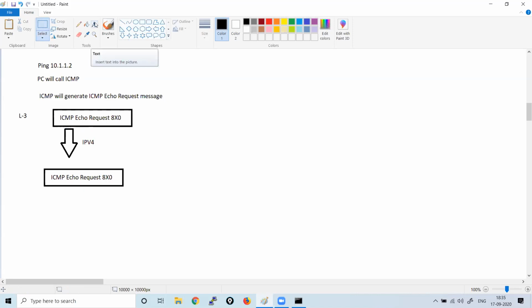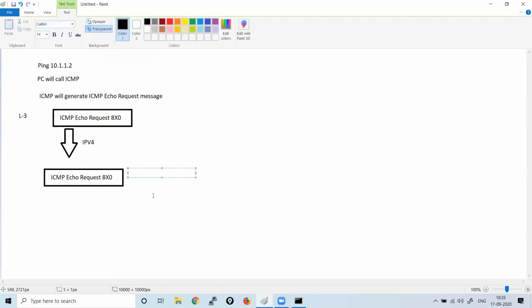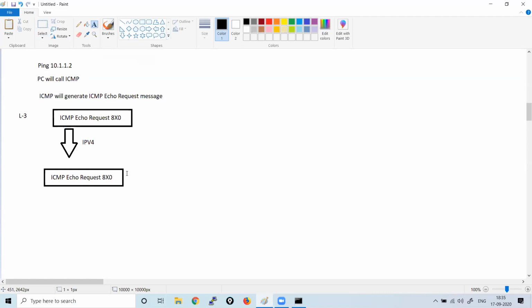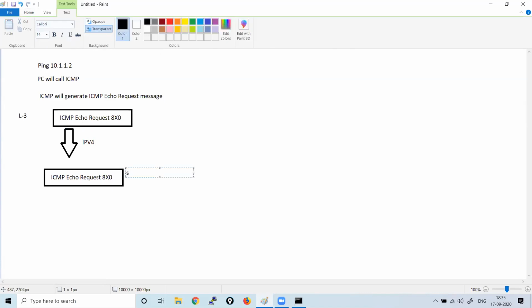Now, along with this one, what is the thing which is given to it? What is encapsulated? IP header. IP header, exactly. Which field comes first? Source IP, right? What would be my source IP? 10.1.1.1.